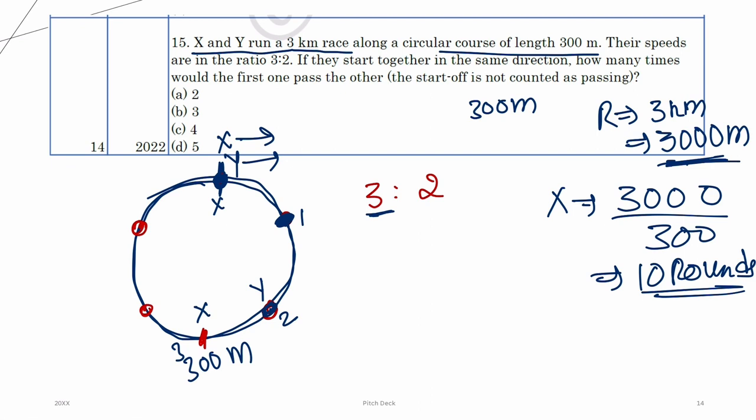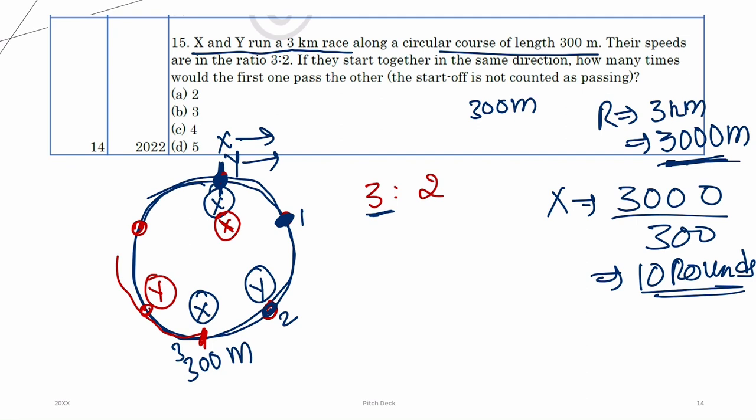Since their speeds are in the ratio 3:2, x is going to come from here to here, and y is going to be one step behind him, right? Now, when x completes the circle, x is here. Y is going to jump 2 points.